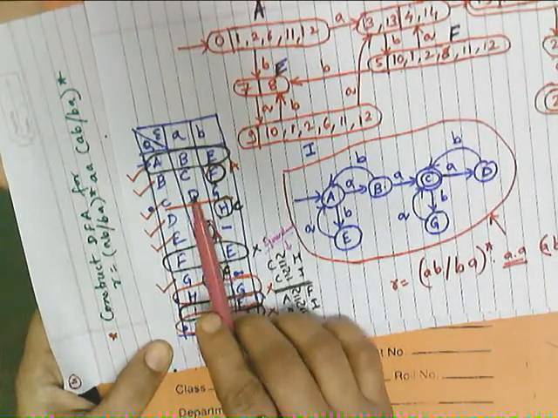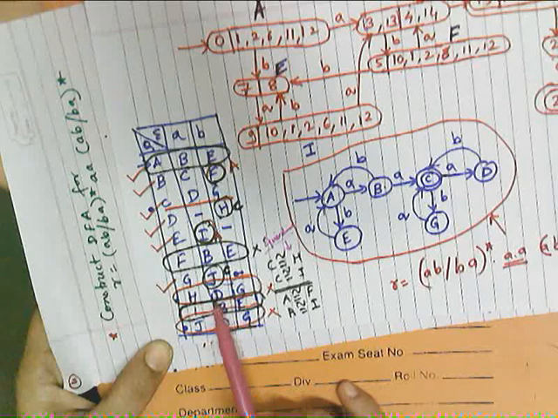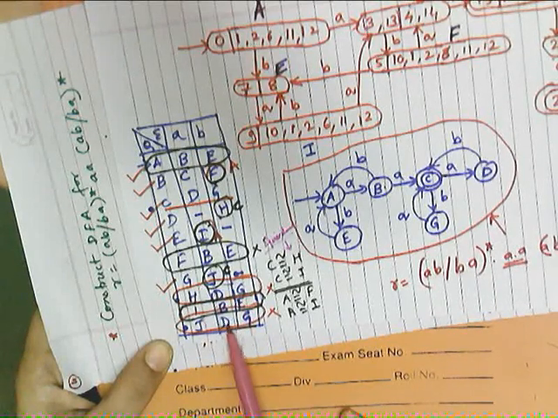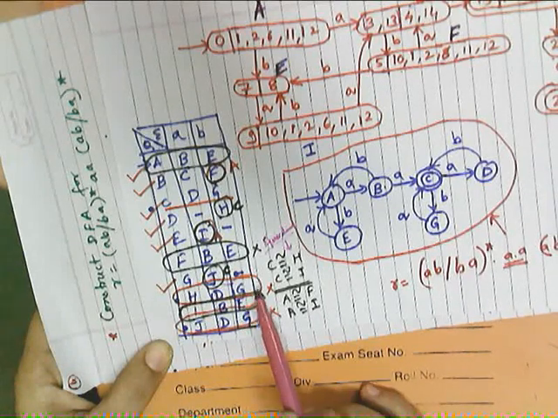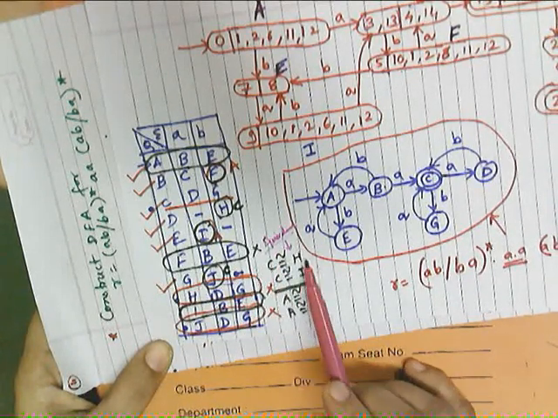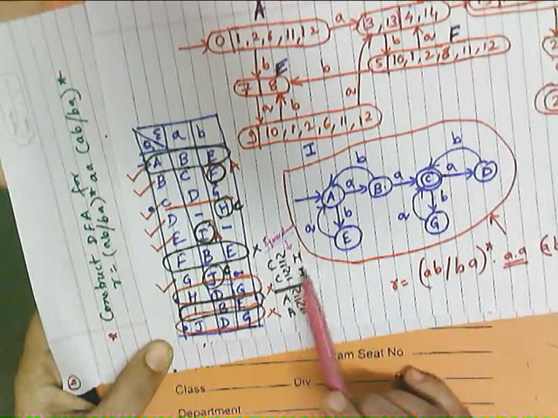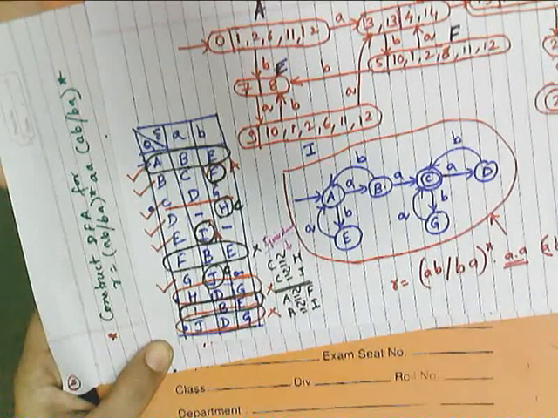Again, if you observe their transitions, for this it is DG and for this also it is DG. So all these three states are equivalent. So we will keep C and we will discard H and J states.